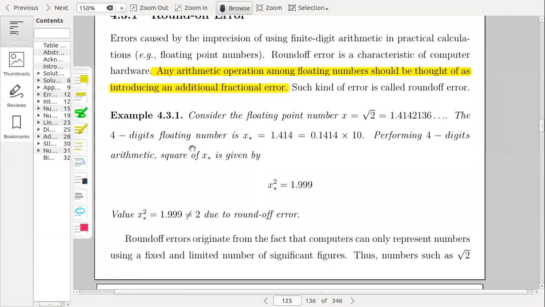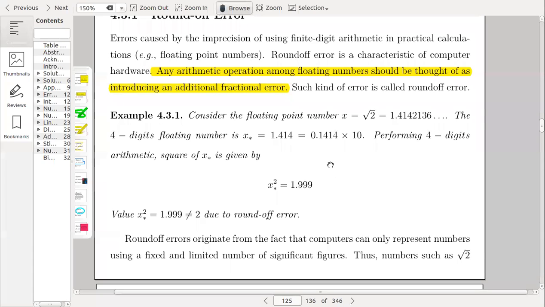So an example: consider the floating point number x equal to square root of 2. The 4 digit floating number is x star equal to 1.414.